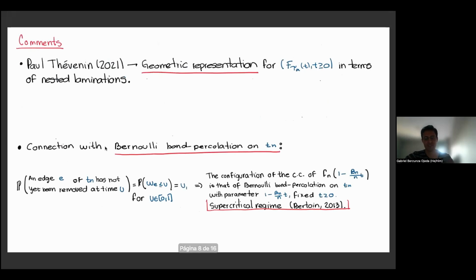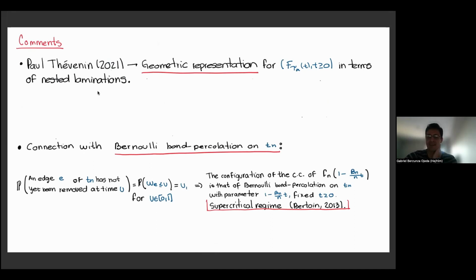Maybe some comments. First, at the same time we were finishing this work, another paper appeared related to this topic, by Paul Thévenin, who is now a postdoc in Uppsala. He proved that there is another way to construct this fragmentation process associated to the alpha stable Lévy tree, using a geometric approach in terms of another nice object called laminations.